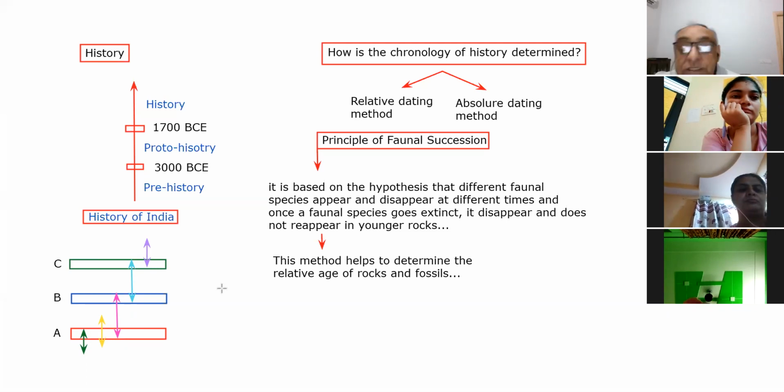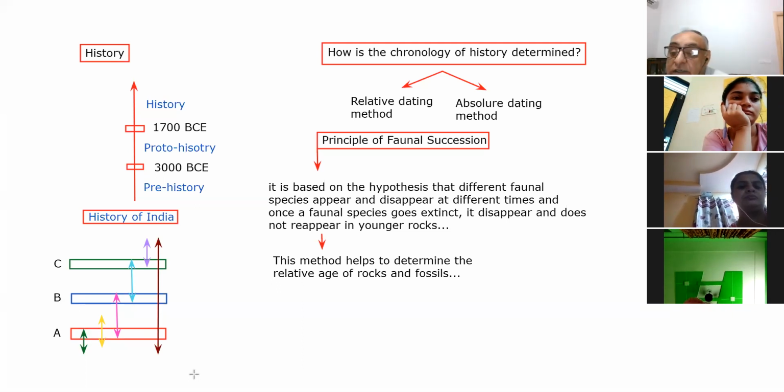This is another species. And let's suppose there is another species which starts here and is still persisting, right? So on this basis, we can determine the relative age of the faunal species.